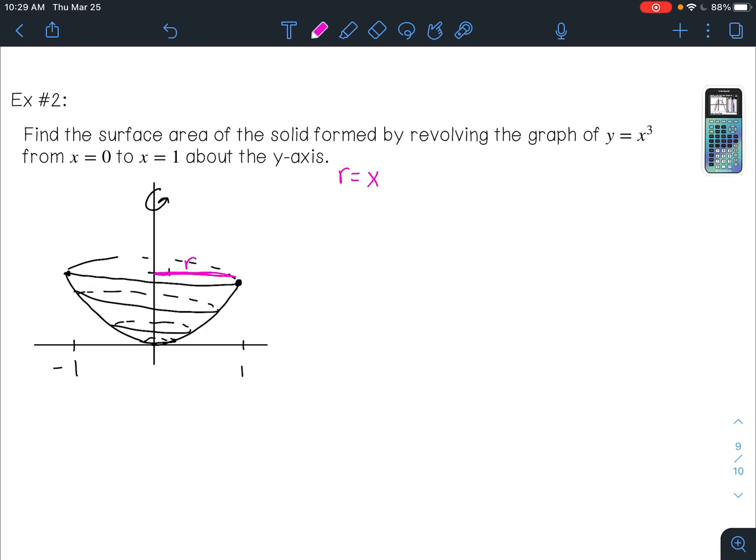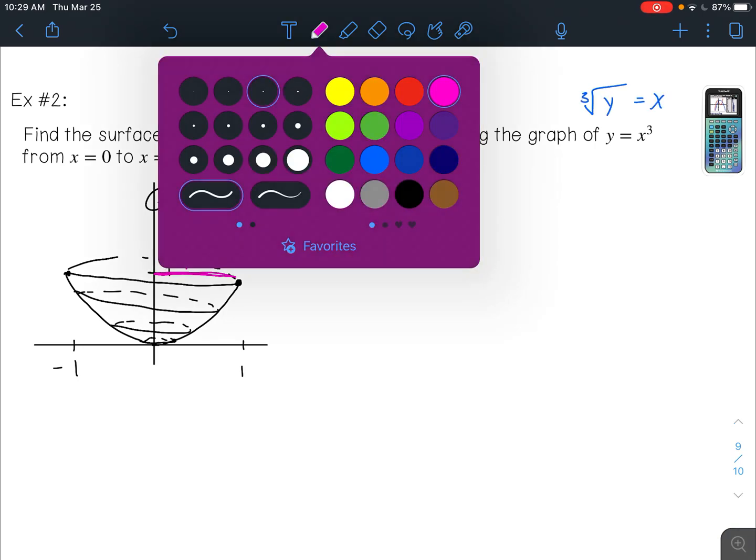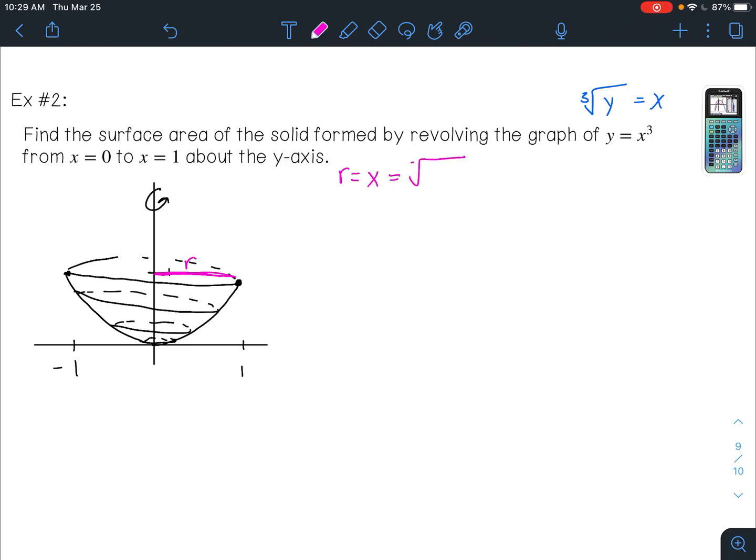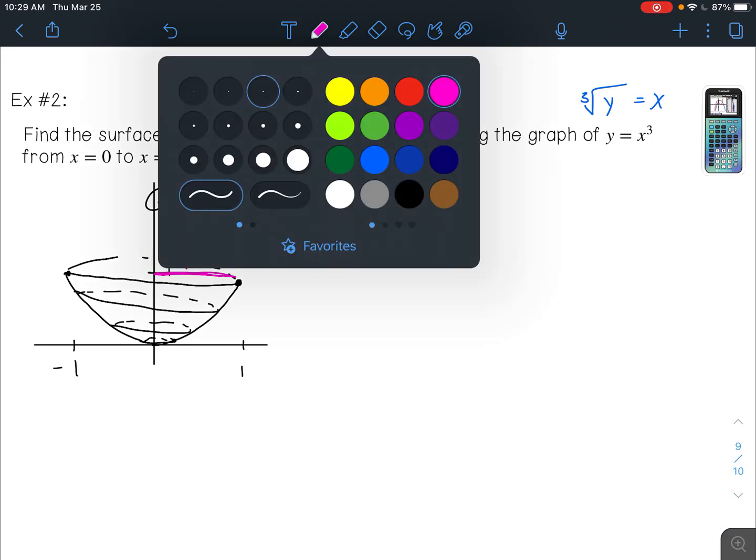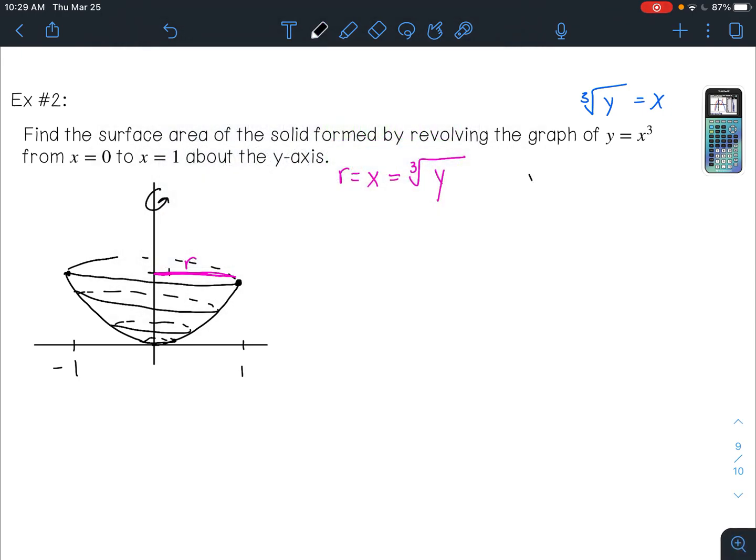So I want to change this into y's. So let's see. The cube root of y is equal to x, which means that my radius is equal to the cube root of y. And then if I take my x prime now, right, because we're going to be in terms of y, that's y to the 1/3, so I get 1/3 times y to the negative 2/3 power.